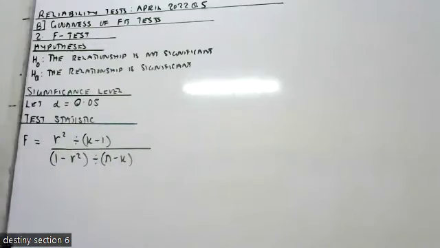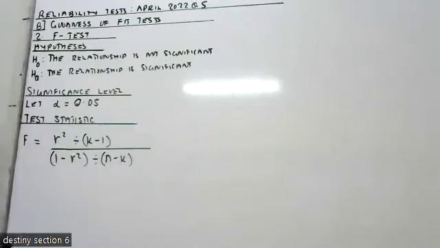Then there is the denominator degrees of freedom, which is 12 minus 2, and that is 10. We already know that our alpha is 0.05.